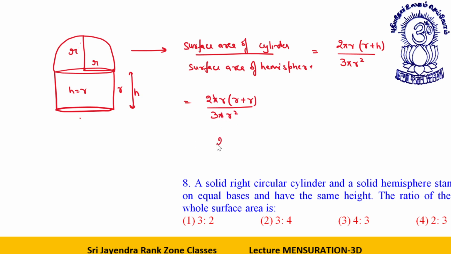This is 2r into 2r divided by 3r square, or I can say 4 by 3. Option number 3 is the answer. Okay. Next one.